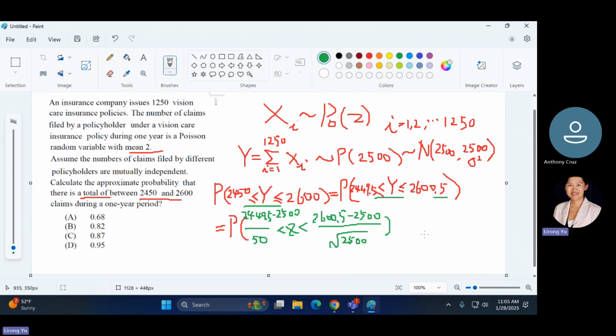Okay, so any question for the computation? We're practicing a question about using normal distribution to calculate Poisson distribution question. The answer. All right, you can submit now.